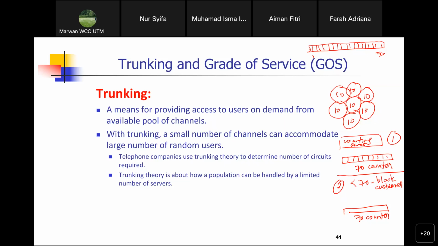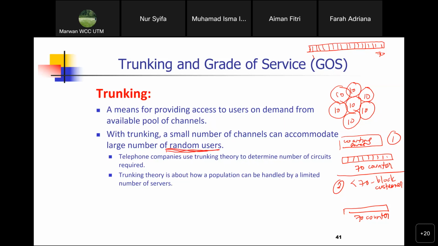The second sentence says that with trunking, a small number of channels can accommodate a large number of random users. Going back to the ideology, what does it mean? When we have a limited, small number of counters, we can accommodate a large number of random users. So we use statistics and probability here, because we know not 70 people will come at the same time.